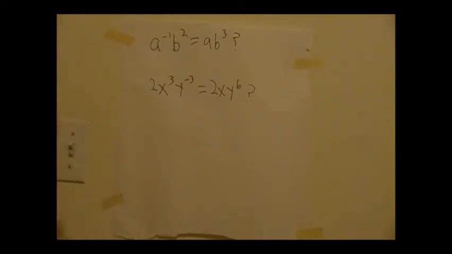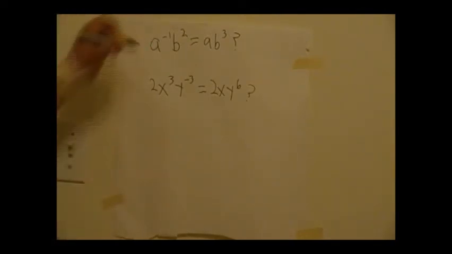Remember, if you saw my previous video when we talked about negative powers and stuff, well, all we can really do is just rewrite this negative power into a positive power, right? So if you look here, a to the negative 1 times b squared, remember, a to any negative power means that it's a fraction, right?